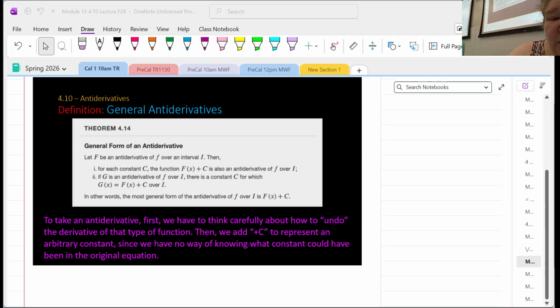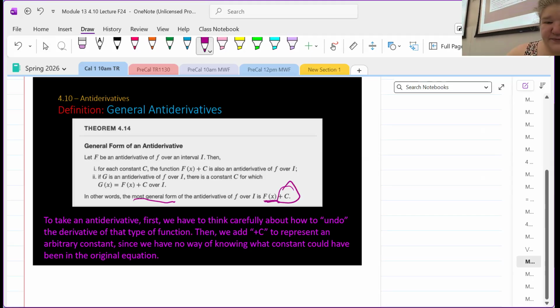All of them are an antiderivative of f. So the most general form of the antiderivative is going to be the capital F of x, but we're going to have to tack on this plus c because we don't know if our actual original antiderivative graph was translated up or down.